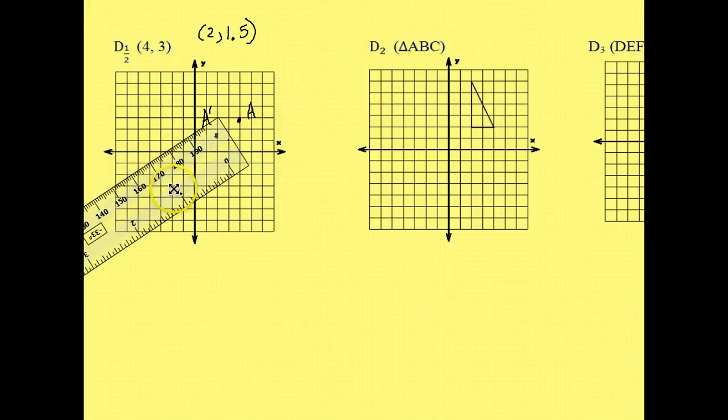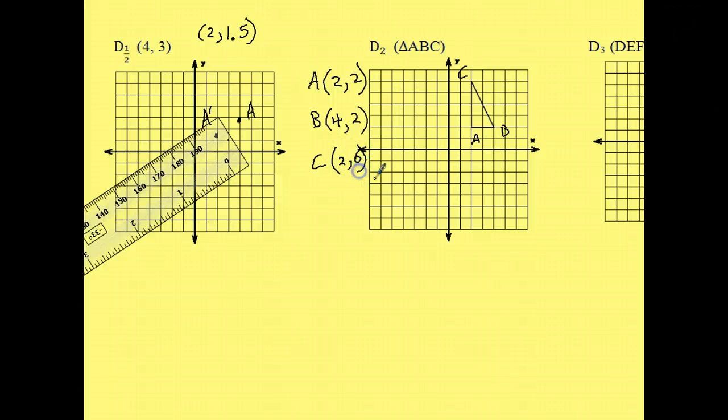Okay, so let's go ahead and find the points of A, B, C. This is A, this is B, and this is C. So A is (2, 2). B is (4, 2). And C is (2, 6).